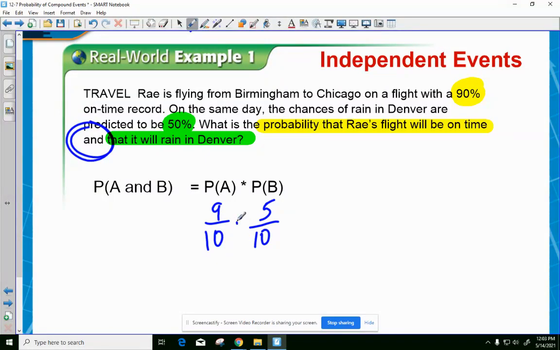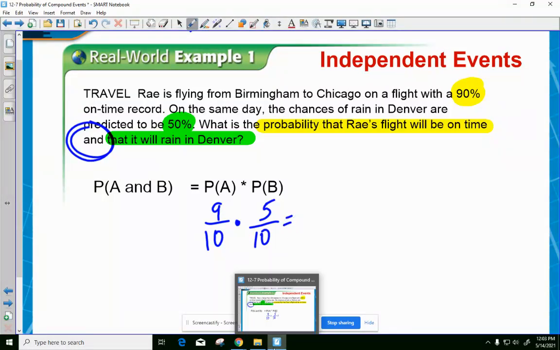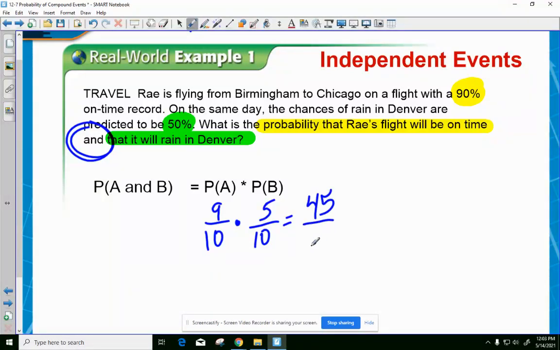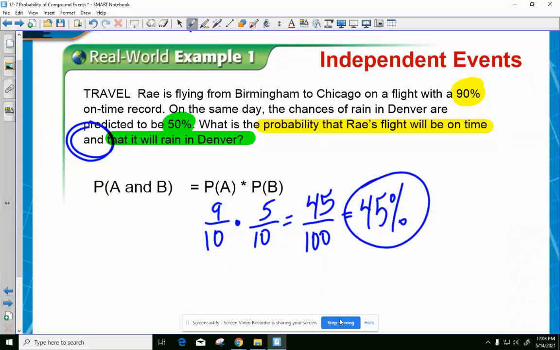And we are going to multiply those two results together to find the probability that both of them happen. How do you multiply fractions? Straight across. Okay, so multiply straight across. So 45 out of 100, which is 45%, right?